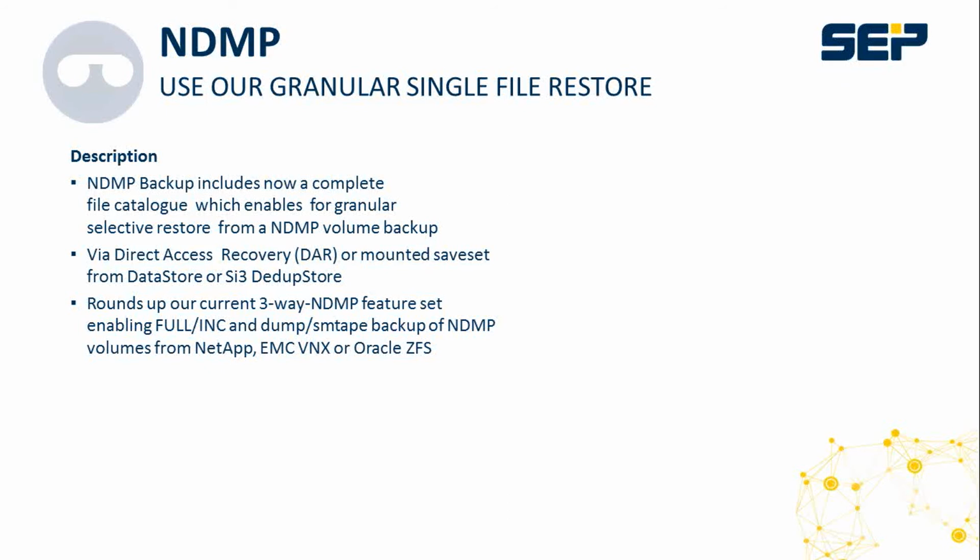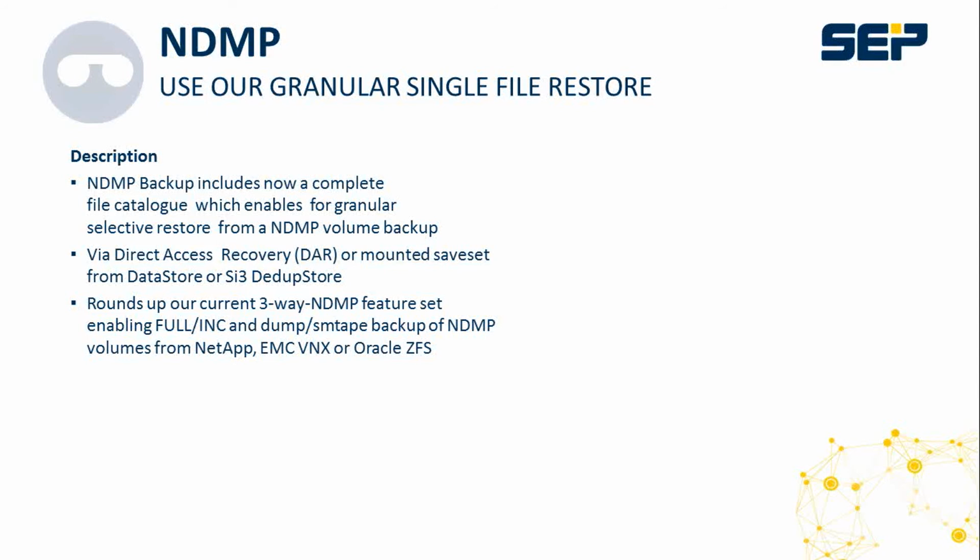Then we have introduced the incremental backup to reduce the amount of data for the backup target, for your disk storage or tape. And now we have introduced single file restore, so that we do not only back up the data stream, we also back up the catalog, the index with all the file and directory information, so that you can do a single file restore from an NDMP stream. And you do not have to restore the full NDMP stream, the full volume.